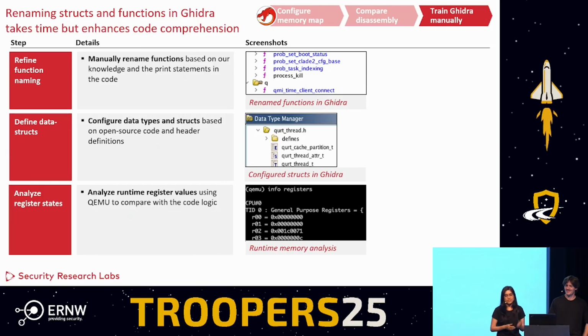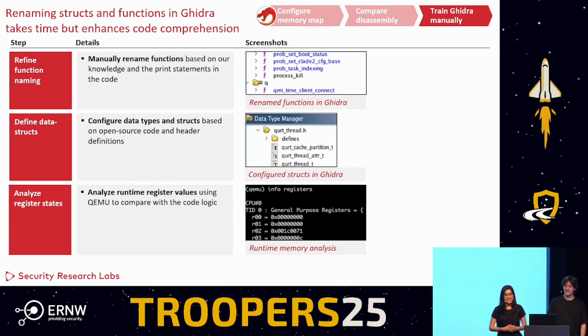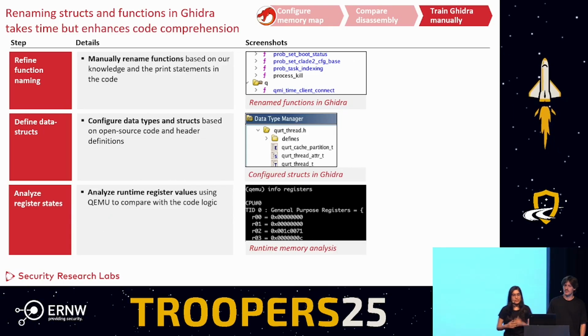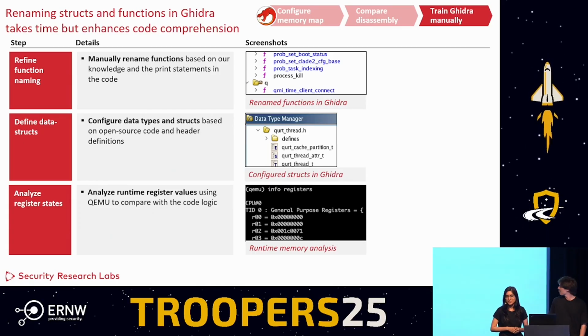Then we decided that we have to train Ghidra manually. So the first thing we did was refining the function names, because all the function names were just func_00 whatever, which does not help understand what the code is doing.